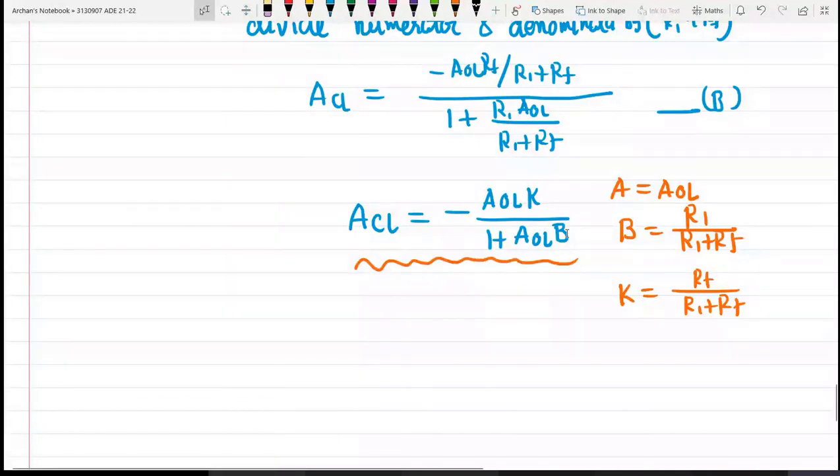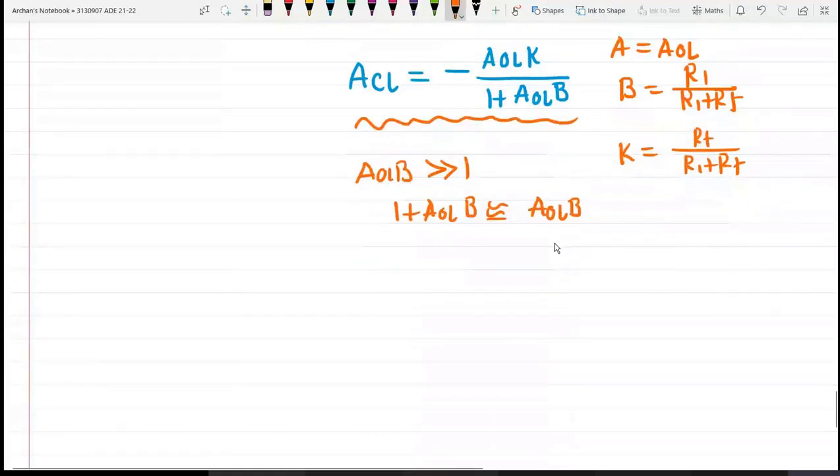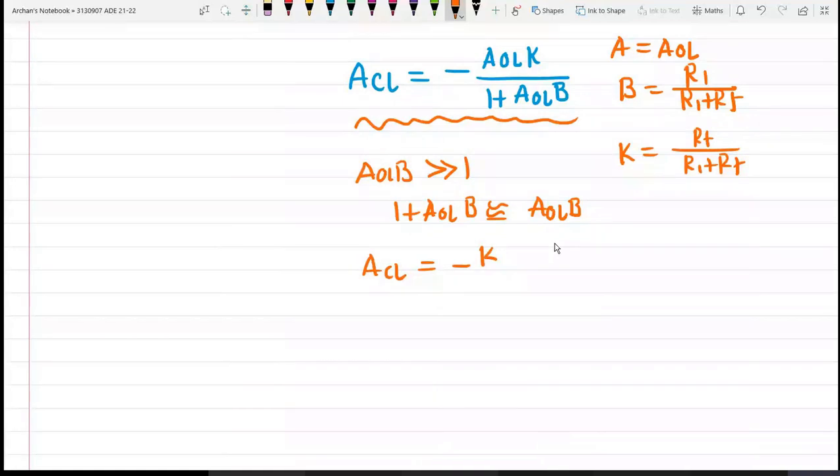So here, if you consider the parameter AOL times B, it is very much greater than 1, and hence 1 plus AOL times B is approximately equal to AOL times B. So ultimately ACL is nothing but minus K upon B. What is K?